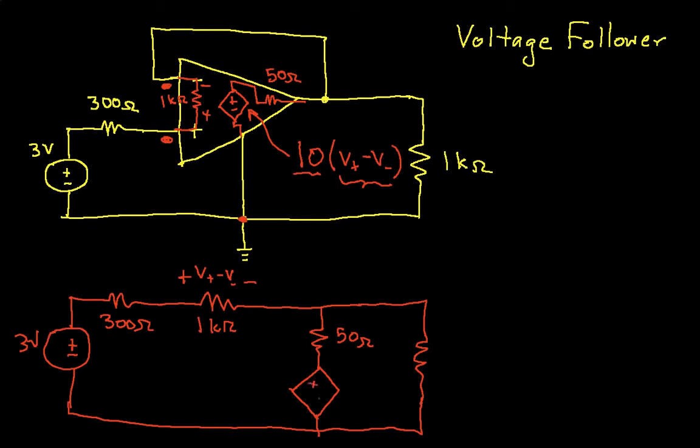And this is going to be 10 times V plus minus V minus. If you feel the need at this point, you might pause the video to make sure that I've drawn this correctly. Well, I forgot the 1 k ohm. And the thing we're actually interested in here is the output voltage of the op-amp.